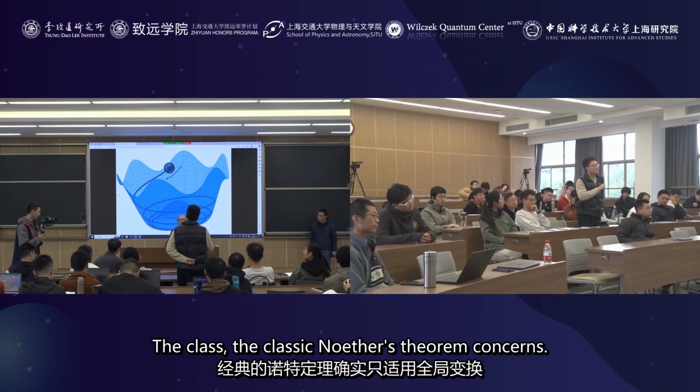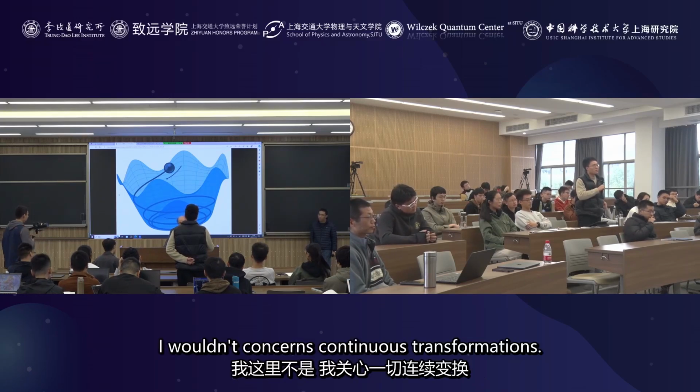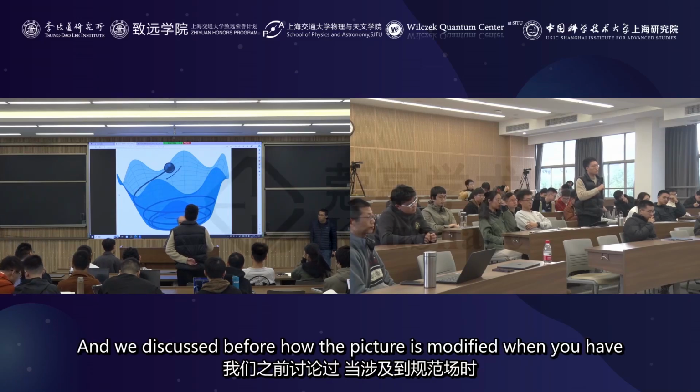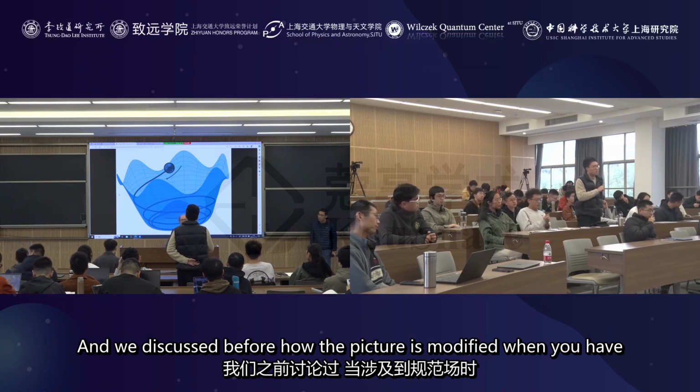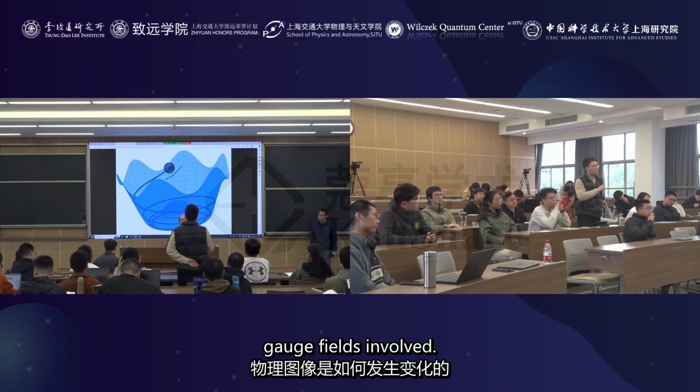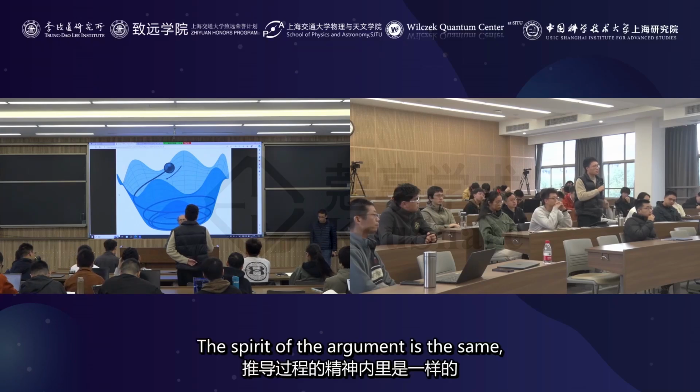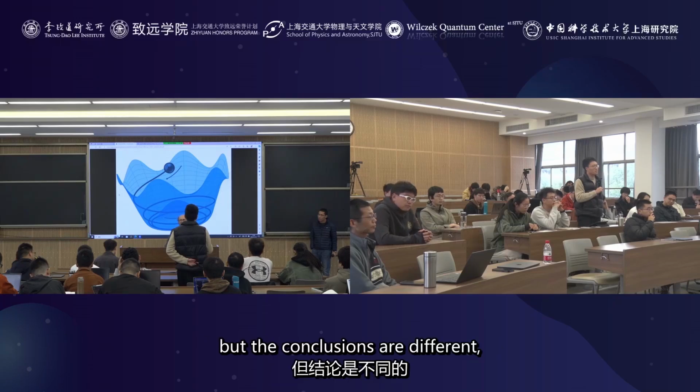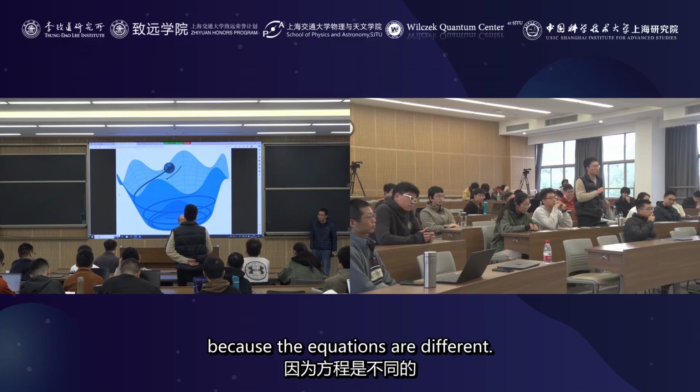Yes, the classic Noether theorem concerns continuous transformations, and we discussed before how the picture is modified when you have gauge fields involved. So the spirit of the argument is the same, but the conclusions are different because the equations are different.